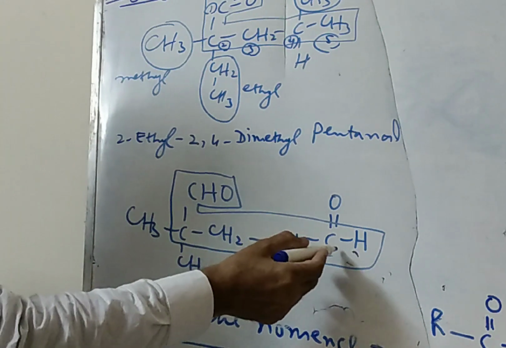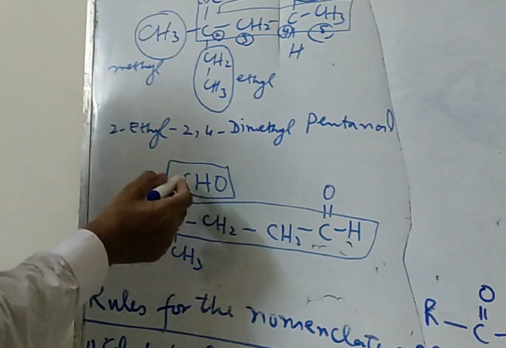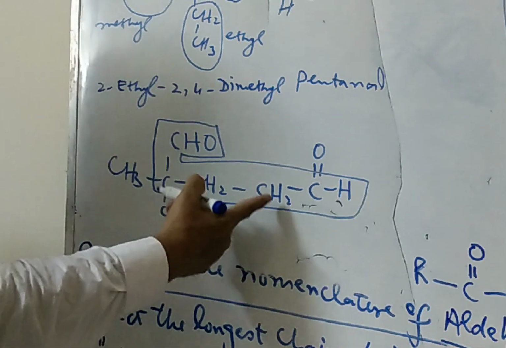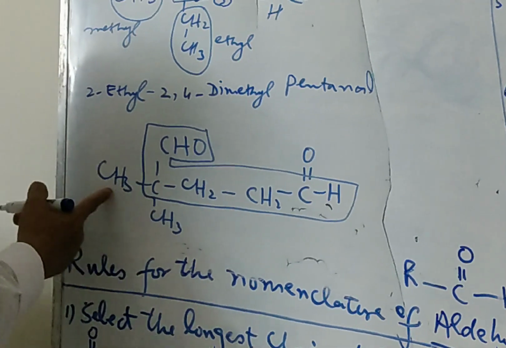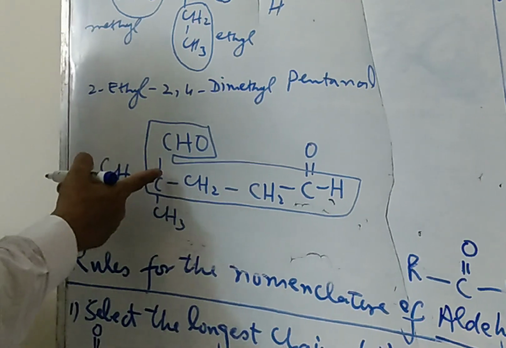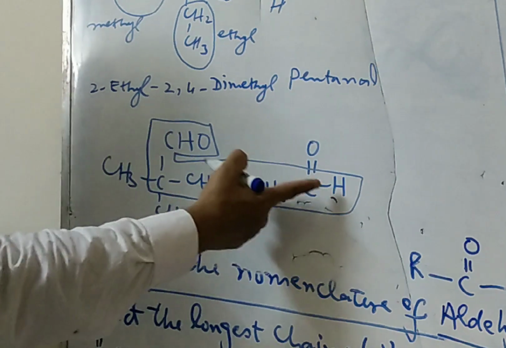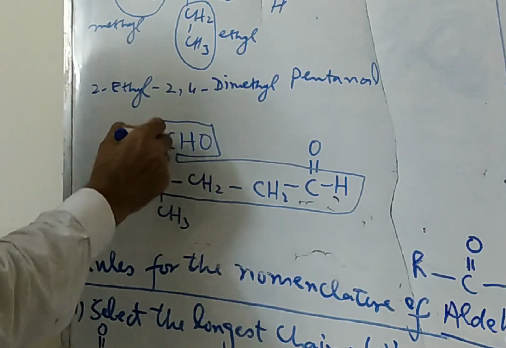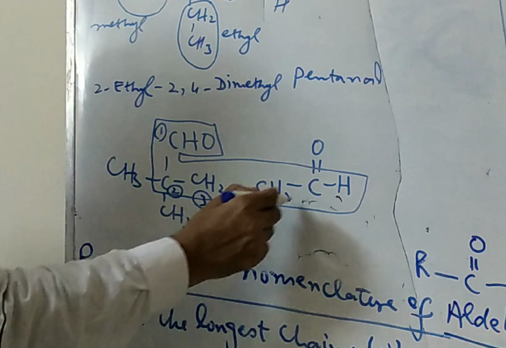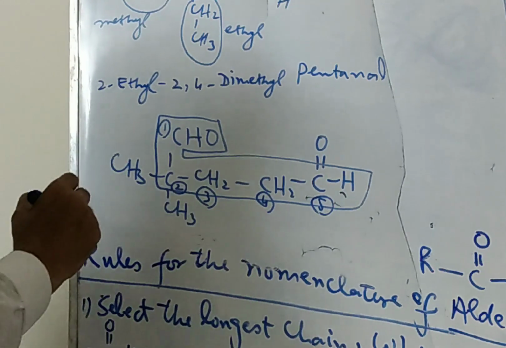Now the numbering, it is the first, it is also the first. But now the second preferable thing is the alkyl. 1, 2, 3, 4, the methyl radical comes on the fourth position. But from this side, 1, 2. So numbering should be from this side, not from this side. So it is 1, 2, 3, 4, and this is the 5.